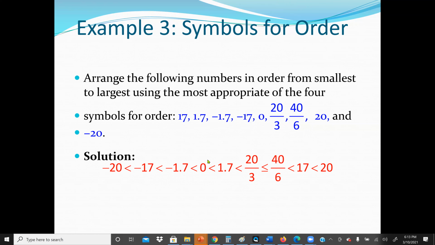Negative 1.7 is less than 0, and 0 is less than 1.7, and 1.7 is less than 20 divided by 3. And 20 divided by 3 is less than or equal to 40 divided by 6. So actually they are equal, that's why we have less than or equal. Then 40 divided by 6 is less than 17, and 17 is less than 20.